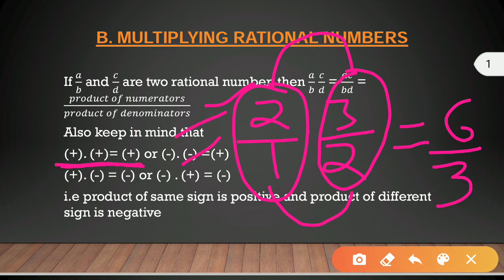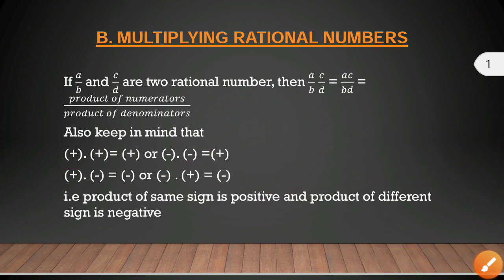Second, minus minus is equal to plus. Suppose we have two rational numbers and both are negative, so their product will be positive.